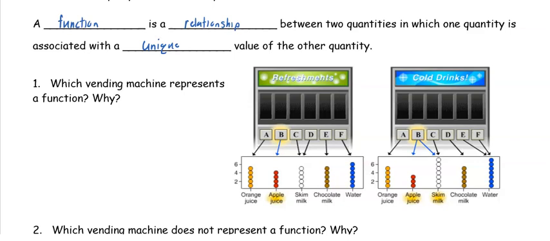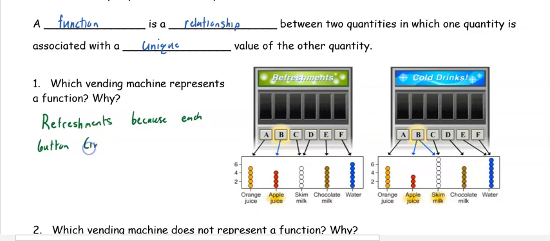So remember, with a function, we need to have a unique value for each input. So in this case, our machine that's going to represent a function would be refreshments, because each button, which is our input, is going to a unique drink, which is our output.